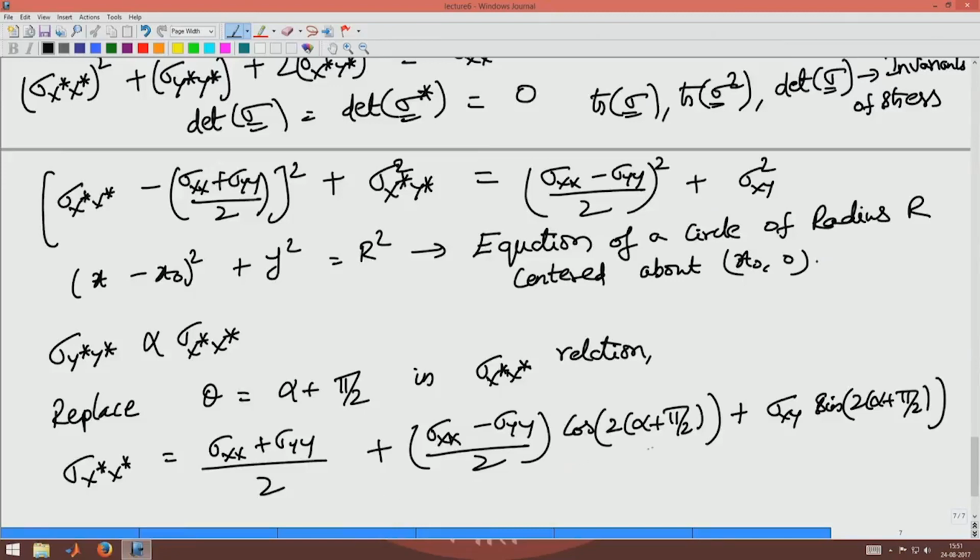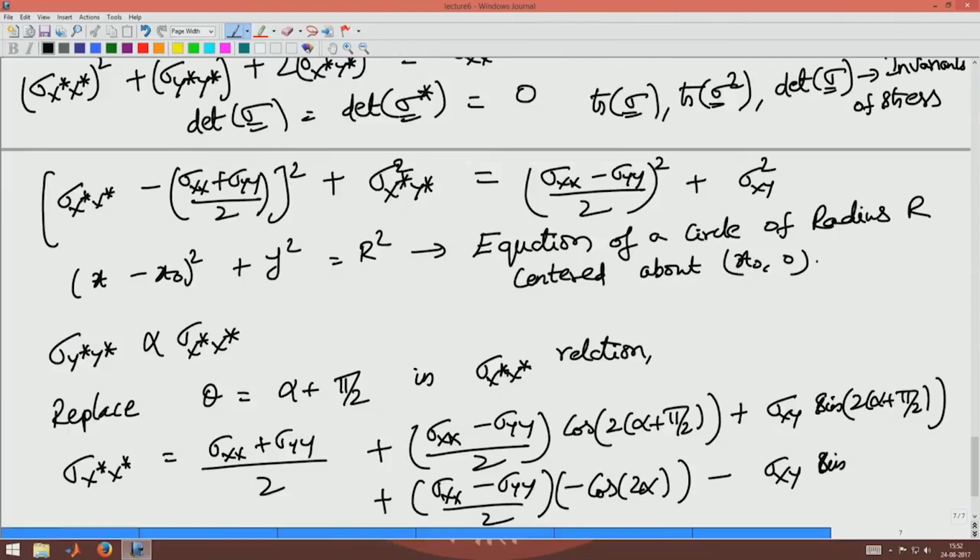Now this is nothing but sigma xx plus sigma yy by 2, plus sigma xx minus sigma yy by 2 times cosine of 2 alpha plus pi, and 2 alpha plus pi gives minus cosine of 2 alpha, and this again gives minus sigma xy sine of 2 alpha. Okay.